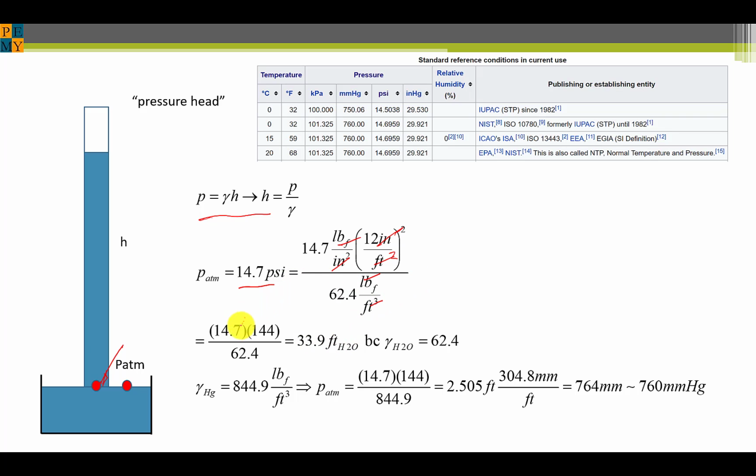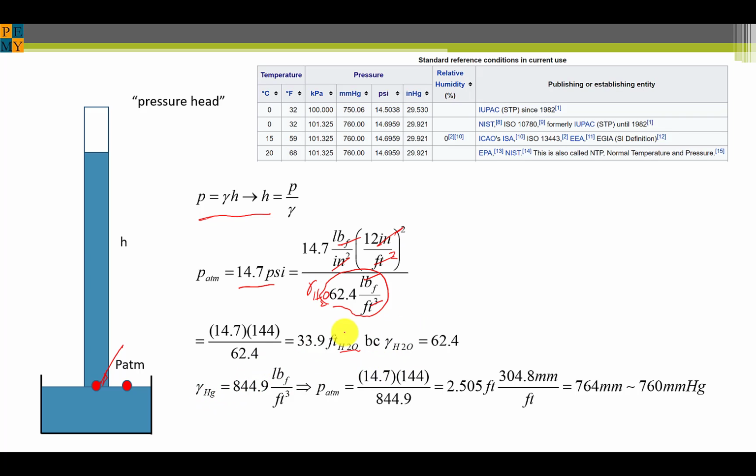That calculation's done here, so you can just take these numbers out, manipulate them, and then add the units after you cancel them out. And we end up with 33.9 feet of water. It's water because we used the specific weight of water here, gamma H2O.